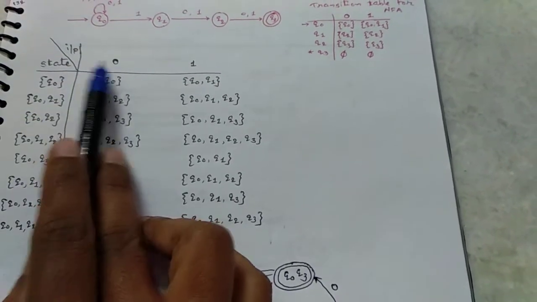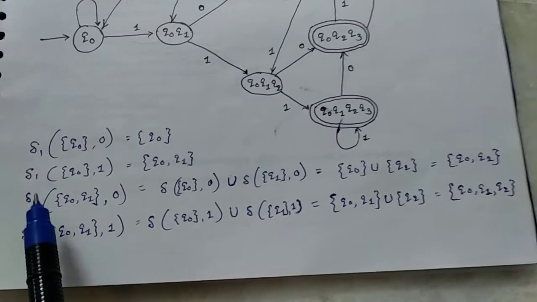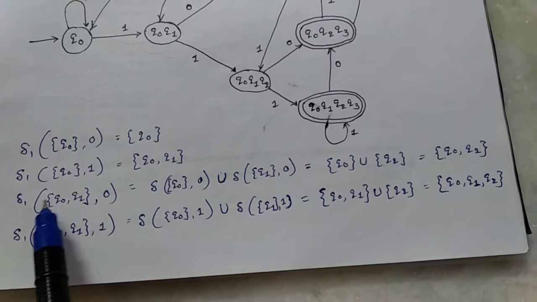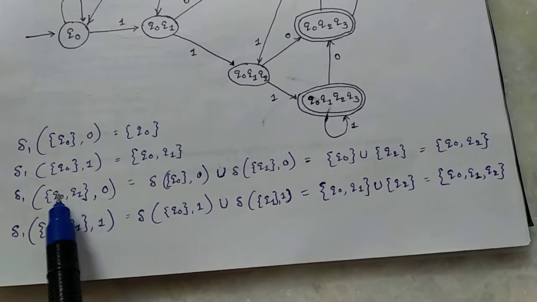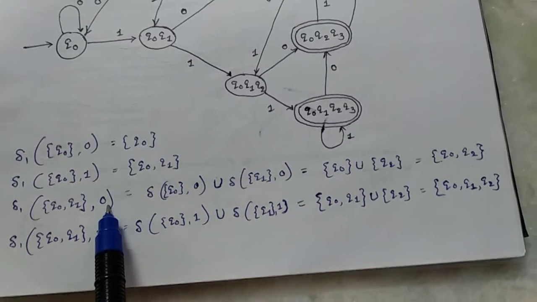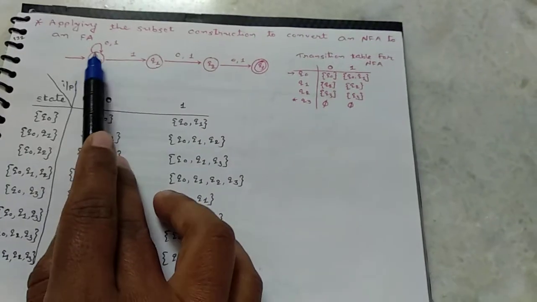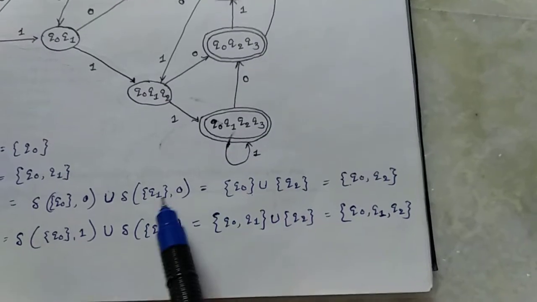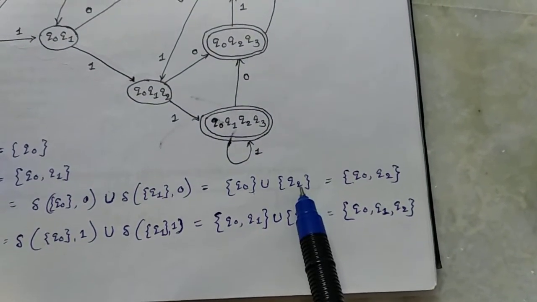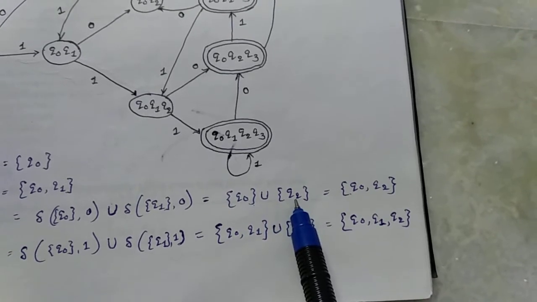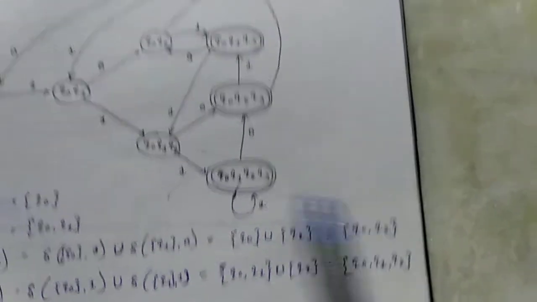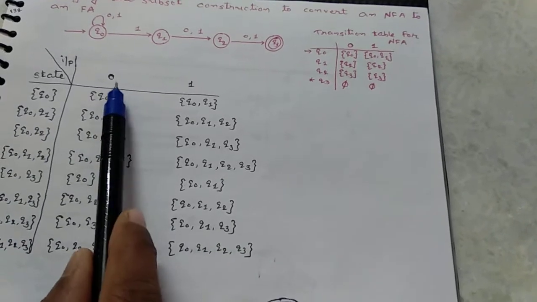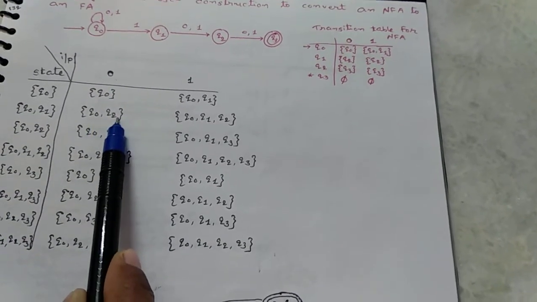For Q0, Q1 on 0, find Q0 on 0 union Q1 on 0. Q0 on 0 you reach Q0, and Q1 on 0 you reach Q2. So Q0 union Q2 is equal to Q0, Q2. So Q0, Q1 on 0 is equal to Q0, Q2.